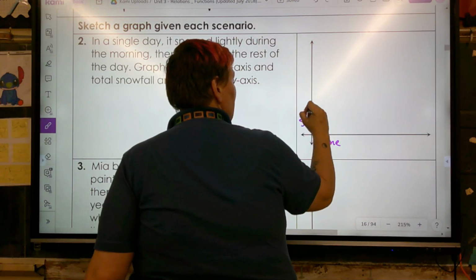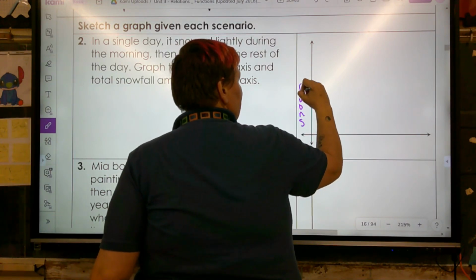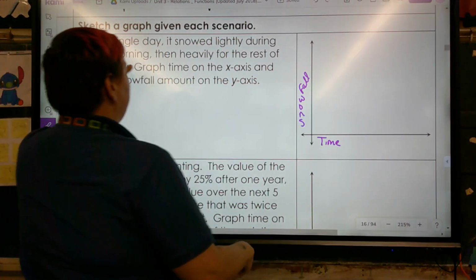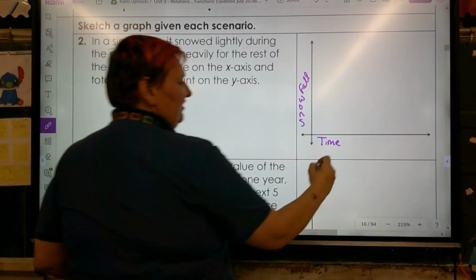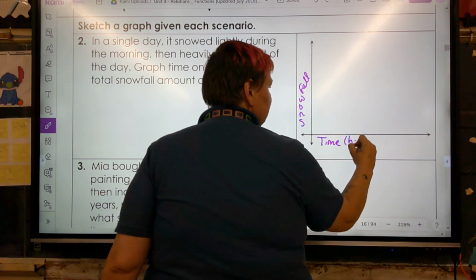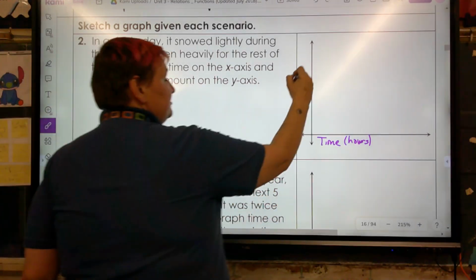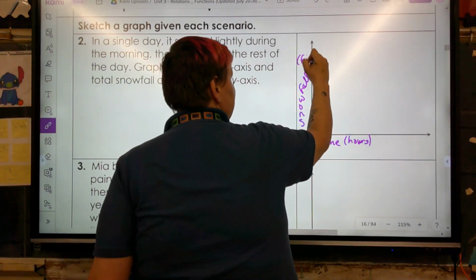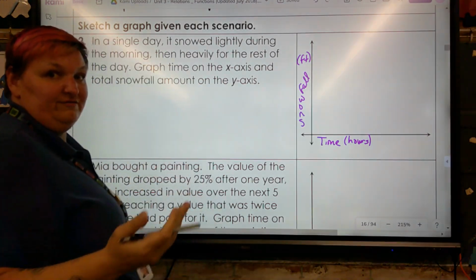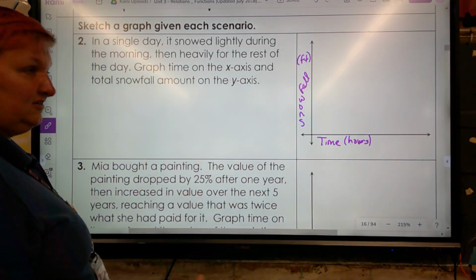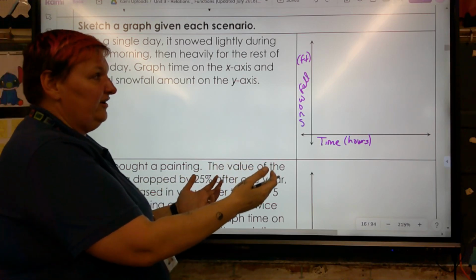So if we wanted to do time, because it's going to go through the morning, we could do it in hours or minutes. And snowfall, let's do it in feet, because you can measure it in feet or inches. It's your graph. You make it how you want it.